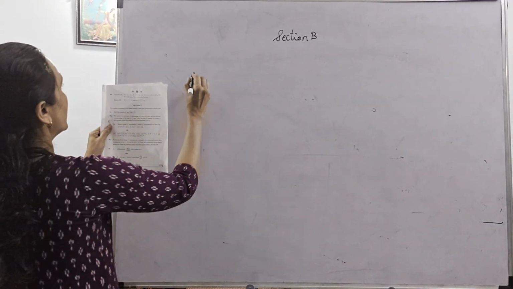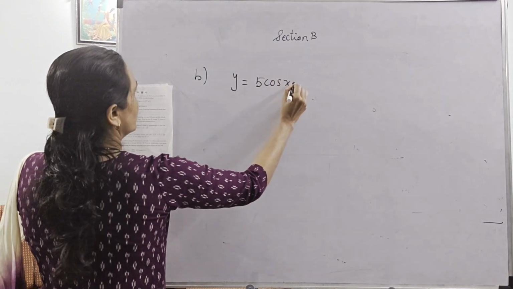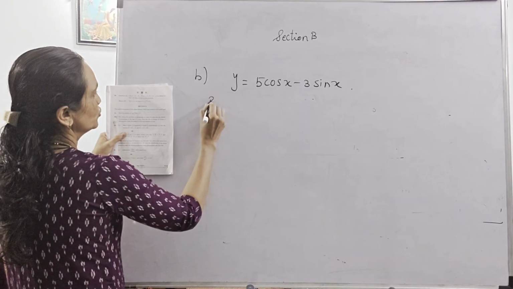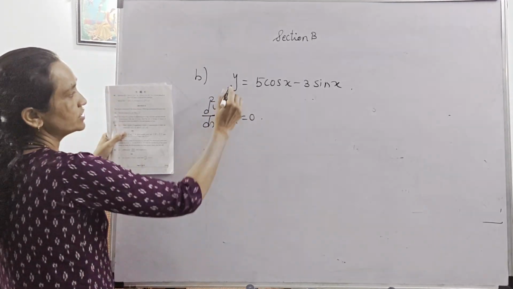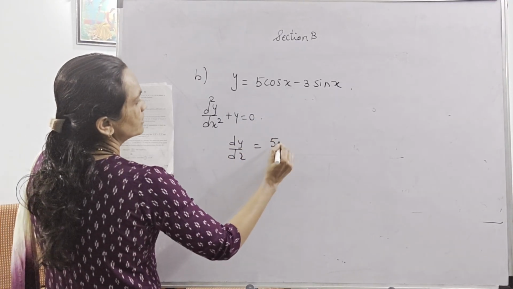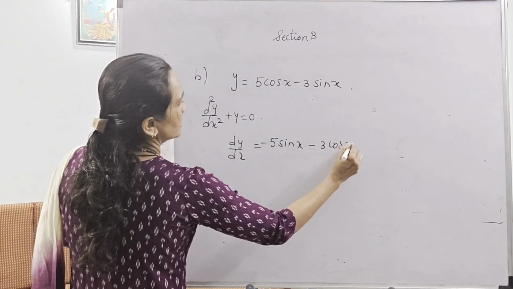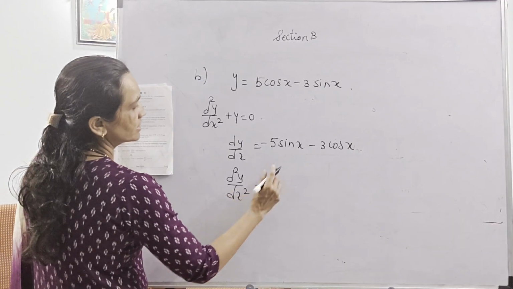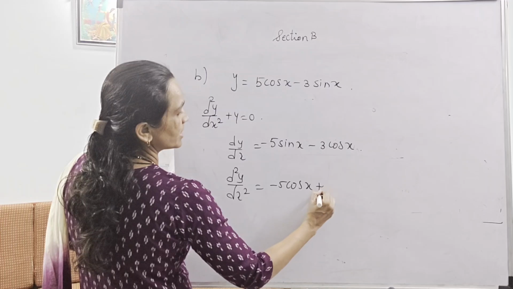Now the second part of it: y is equal to 5 cos x minus 3 sin x. It is asked to prove that d2y by dx square plus y equals 0. So first we will find the first derivative, that is dy by dx: 5 into minus sin x, minus 3 cos x. Now again I will find the derivative, d2y by dx square; the derivative of sin x is cos x, and the derivative of cos x is minus sin x.